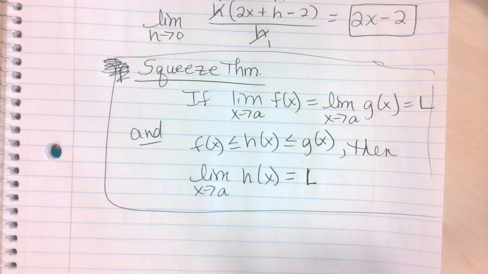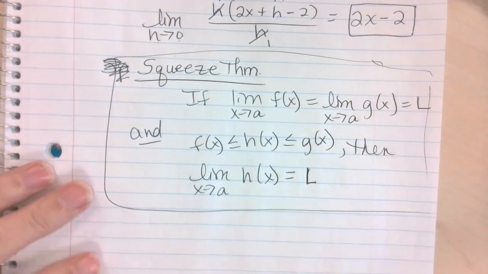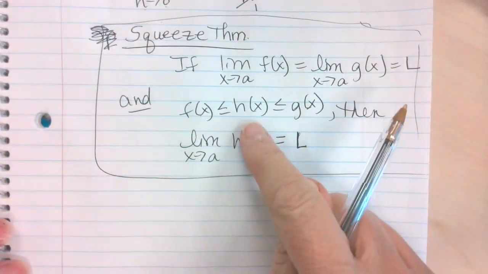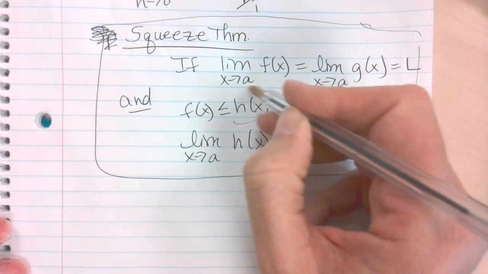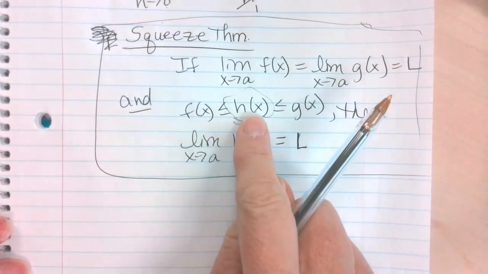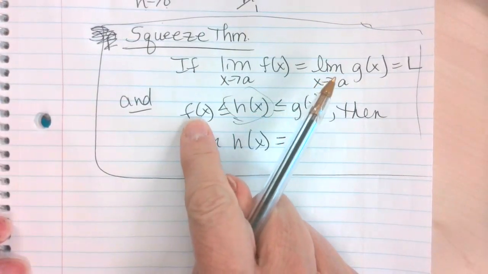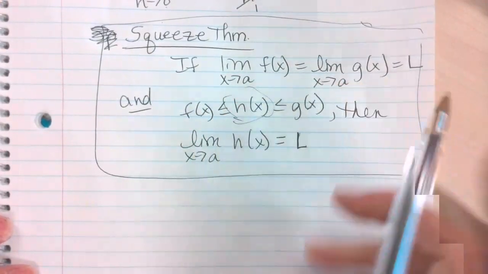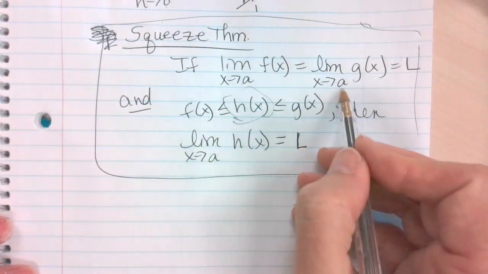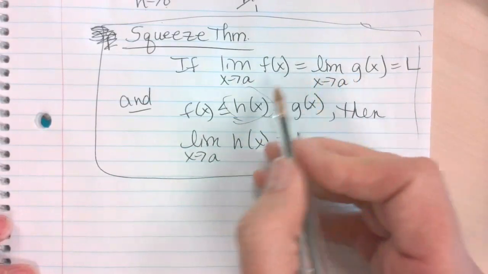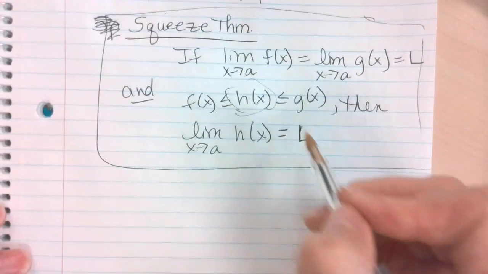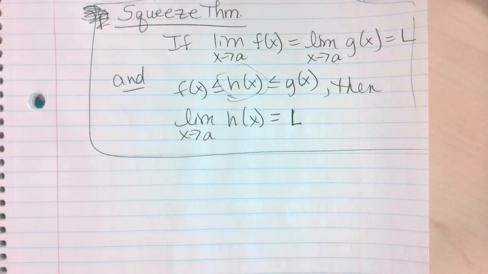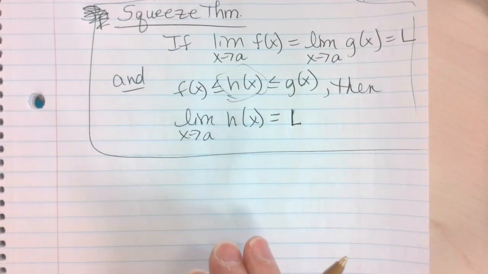But if at some point in time you're given, sometimes it's not even defined, you might just be given this, that h is always in between f and g. And so if at some x value, a, both of the limits are the same, then the limit of that middle one would have to be the L.